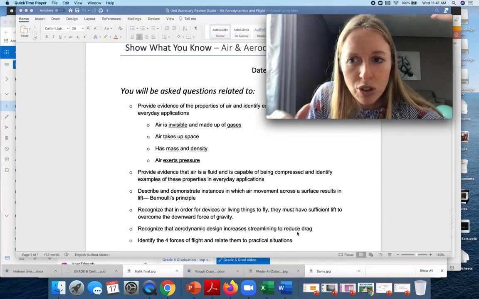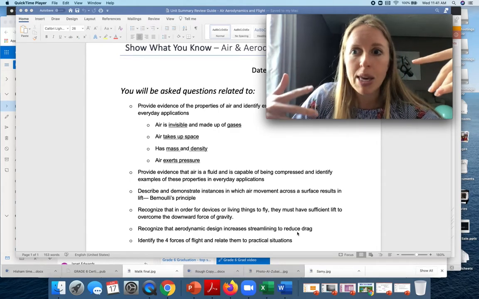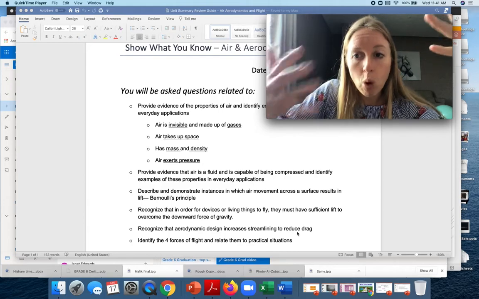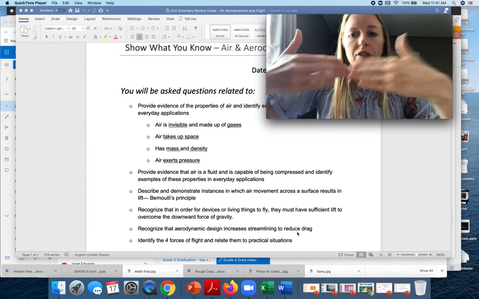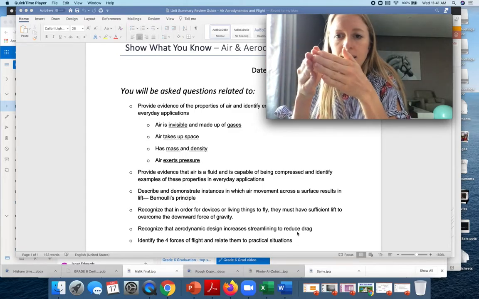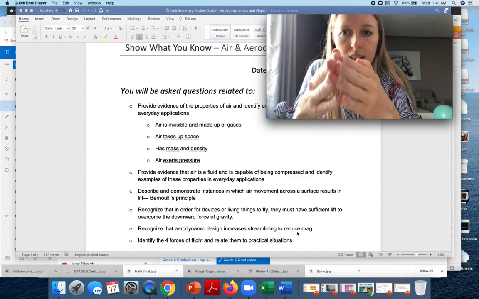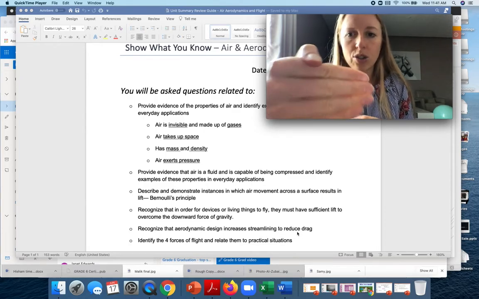Which one is more streamlined? Obviously the race car, compared to the huge semi truck, which has more blocky surfaces. Even if you're comparing something that looks like this, and something that looks like this, what would be more streamlined? Obviously, this is going to cut through the air better than this.